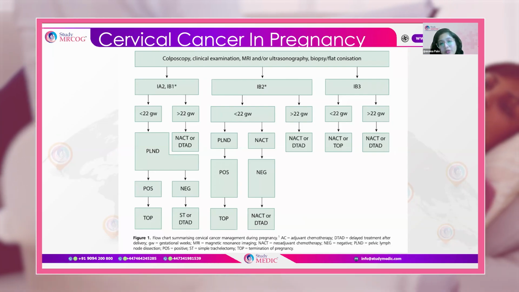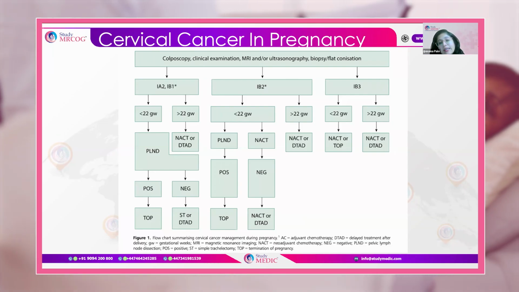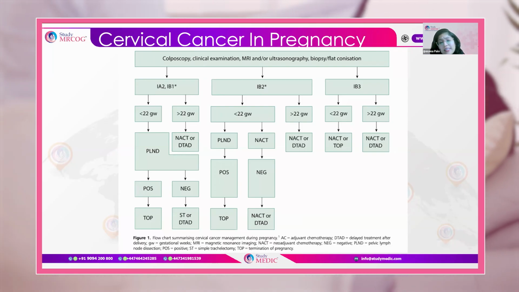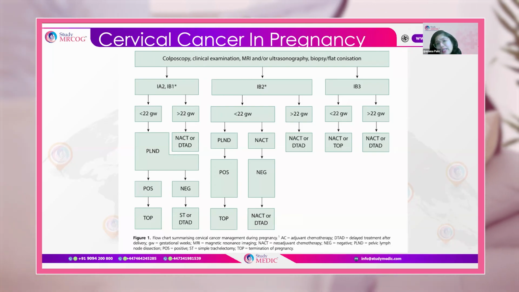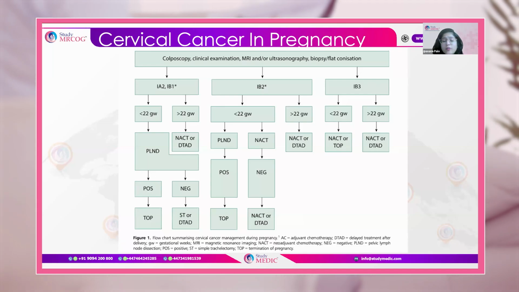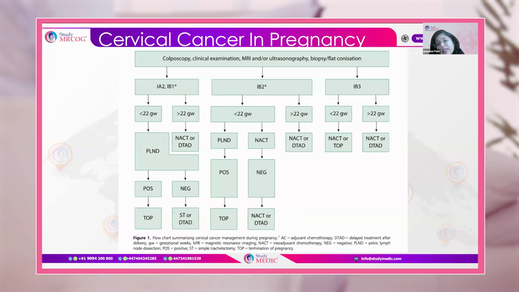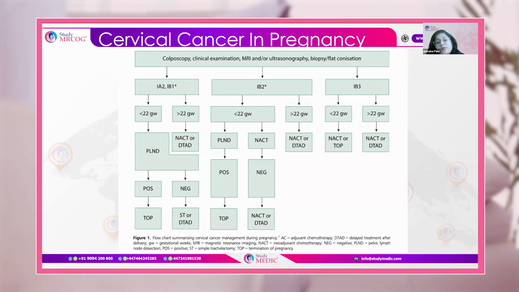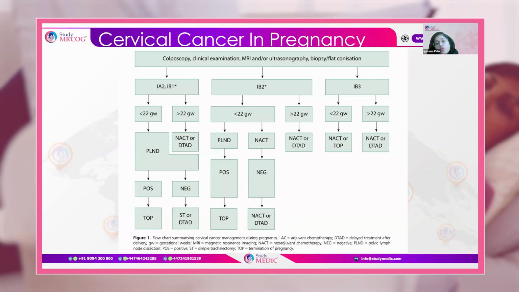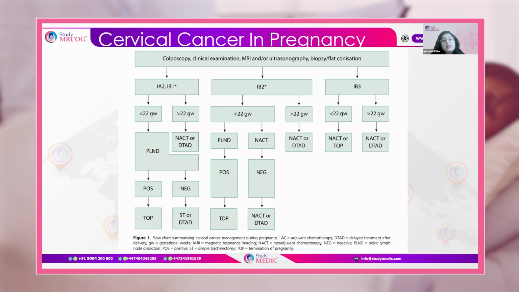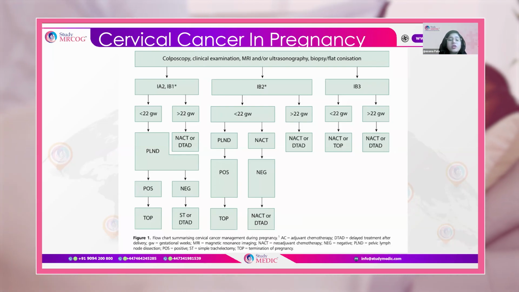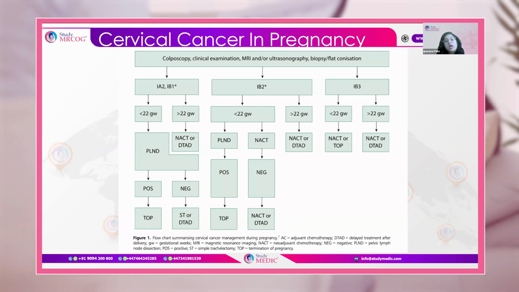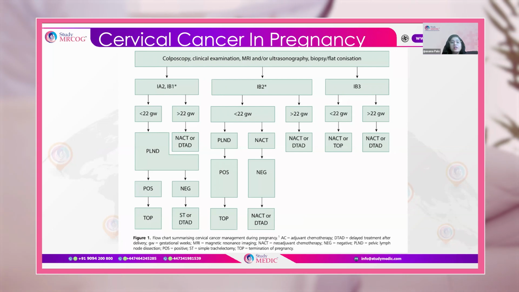So you need to understand the basic fact that in case a person is more than 22 weeks and she has an early stage of cervical cancer, in such cases we can wait till her delivery, so that we are giving her a chance of fertility. Otherwise, if we just remove the entire thing or we go for concurrent chemo radiation, maybe she'll not be able to get pregnant in the future once she gets this radiation.